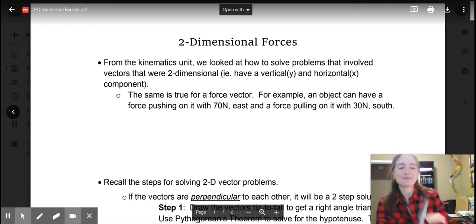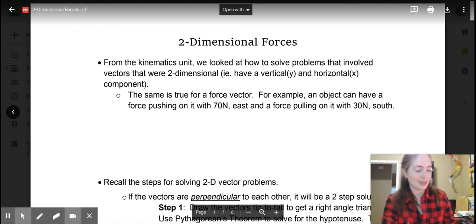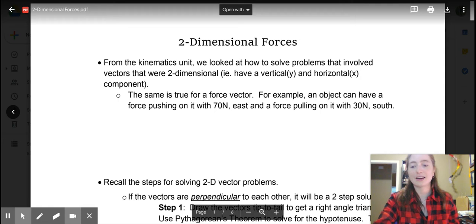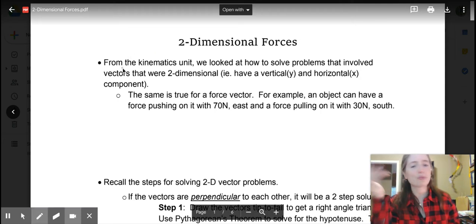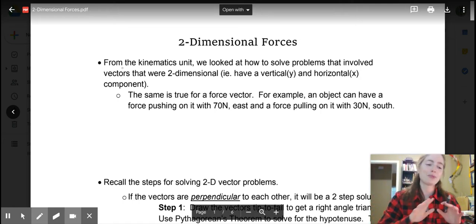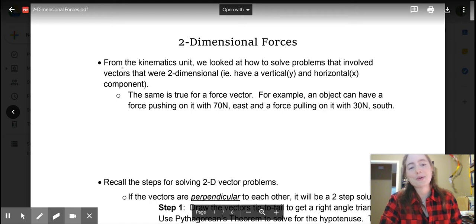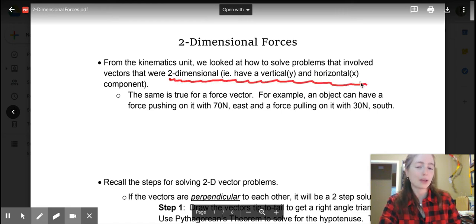All right, so let us select our pen tool here. With our 2D vectors, think right back to kinematics. Exact same idea. We are going to have 2D vectors, and they're going to have an x component and a y component.